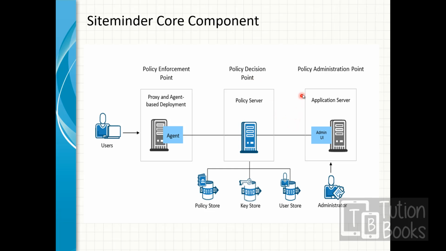Similarly, the policy administration point is the administration console, the admin UI GUI, where I am managing my policy, my user store, my authentication store, my LDAP and all other things. That is managed from my central management portal.